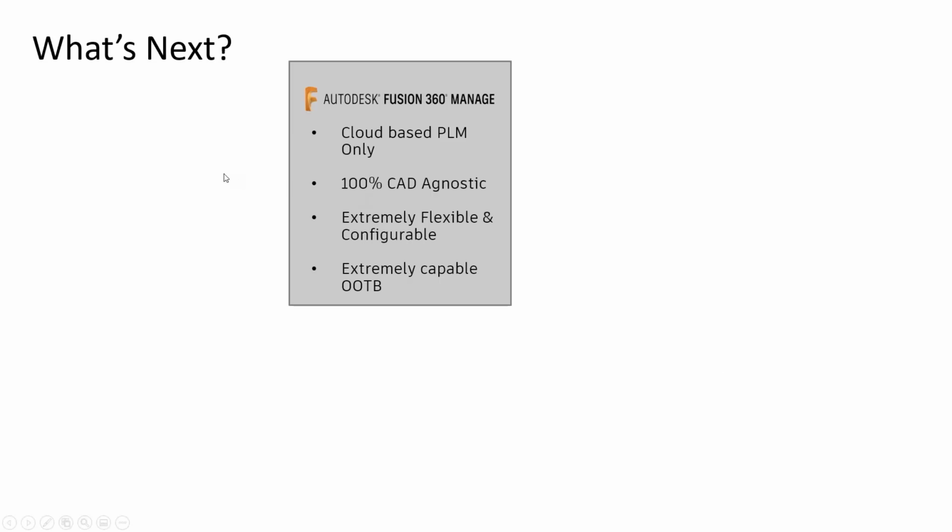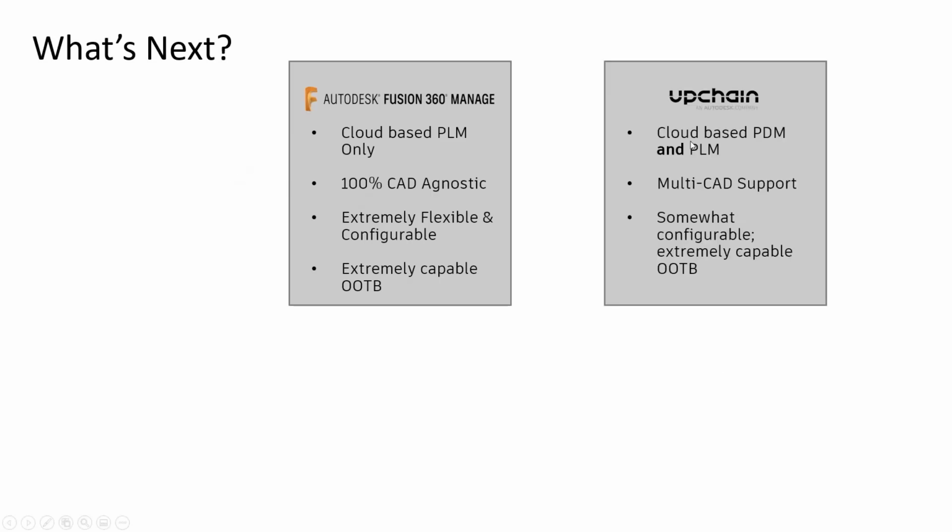But there's some interesting things happening on the Autodesk side, especially when it comes to their cloud-based offerings, because there is a fair amount of overlap in terms of fundamental capability between Upchain and Fusion 360 Manage. Upchain does file management and PLM, meaning bill of materials management and supplier management and change management, right? Fusion 360 Manage does change management, supplier management, BOM management.